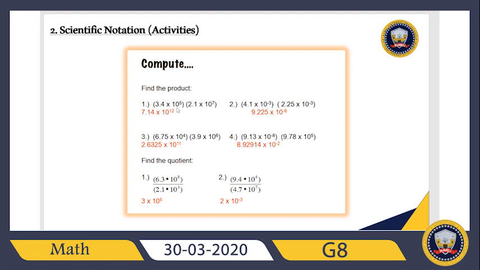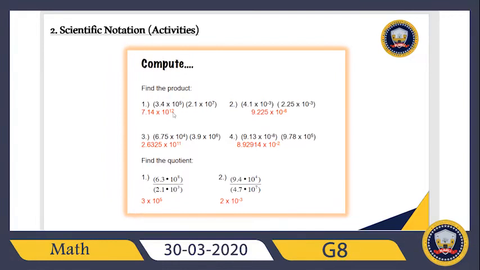Okay, now 10 to the 5 multiplied by 10 to the power of 7. We have the same base, which is 10. So we will write it as 10 to the power of the sum of these powers, which is 5 plus 7, which is 12. Great.